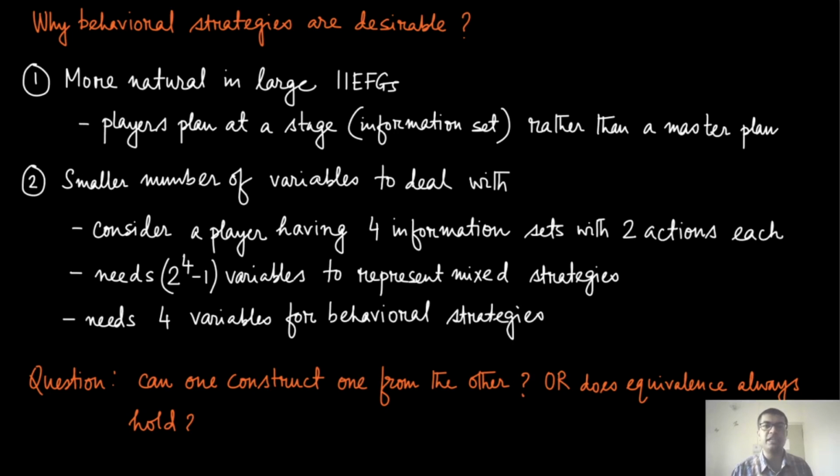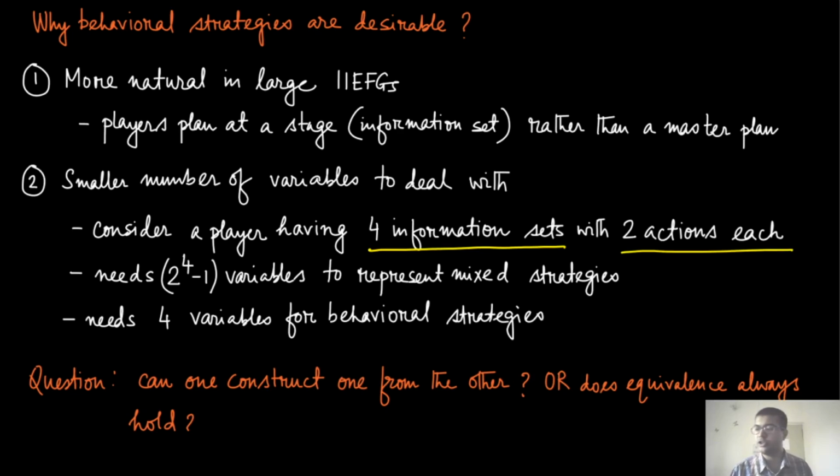Another reason why behavioral strategies are desirable is the number of variables the player needs to deal with. Let's look at this small example where we have 4 information sets for a player, and there are 2 actions in each set. Therefore, you can have 2 to the power 4 possible pure strategies. Because these are probability distributions, if you fix n-1 variables, the last variable is fixed already.